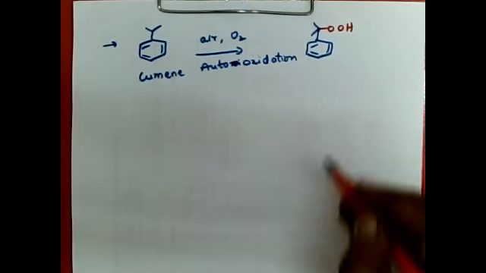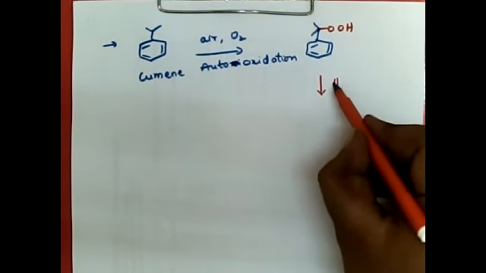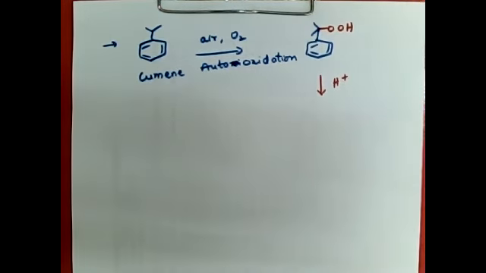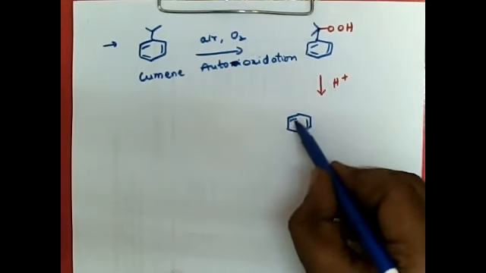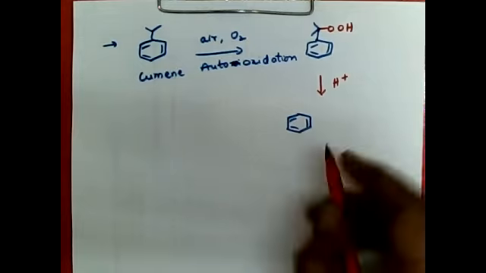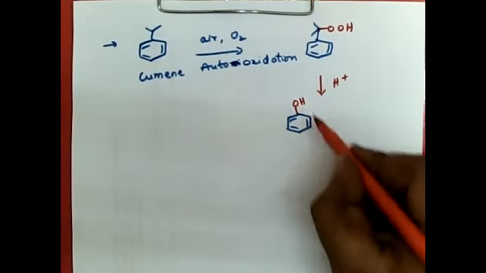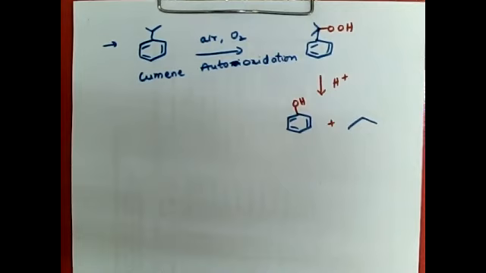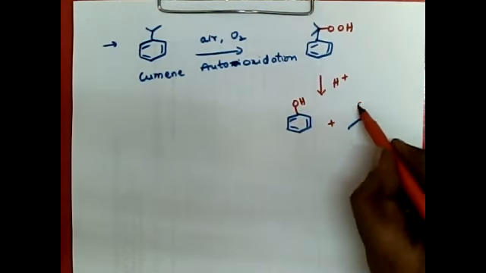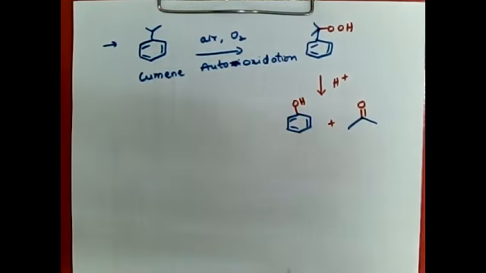This hydroperoxide, when treated under acidic conditions, will generate phenol and acetone. So here the migrating group is the phenyl group.